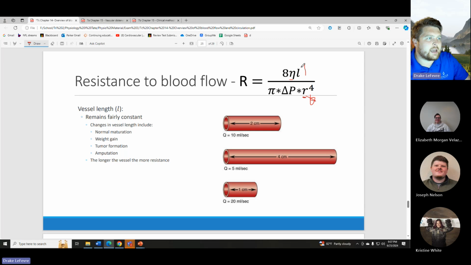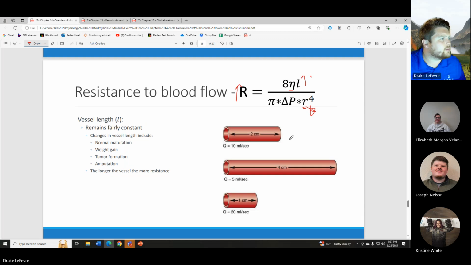We increase length up here. We increase the top number. That makes this whole thing bigger. So increase of length increases resistance.